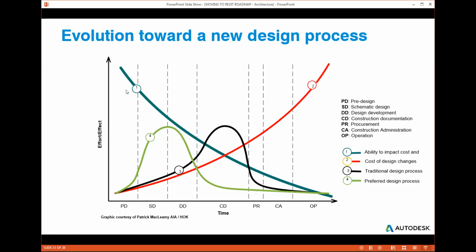So say you have a design in this stage, and then you carry out an analysis that tells you that if you change the orientation of your design, you can save 50% of your cooling costs. You can make a lot of changes here that will possibly affect the design. When you get here, you've already constructed the building.